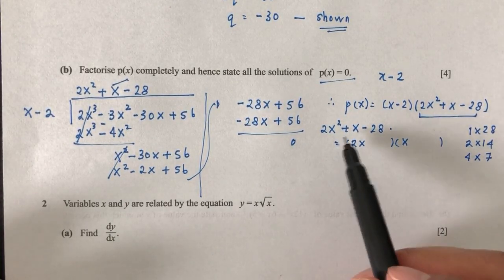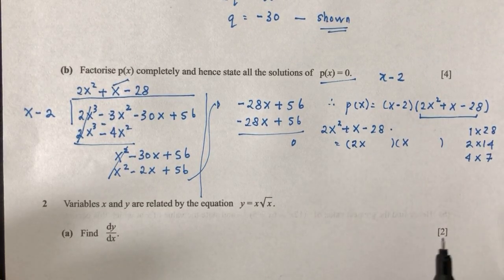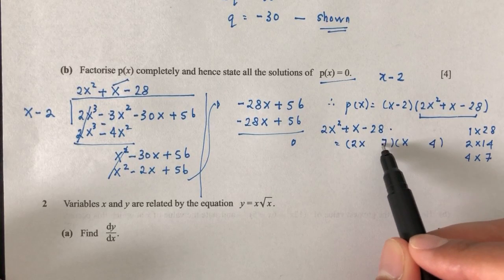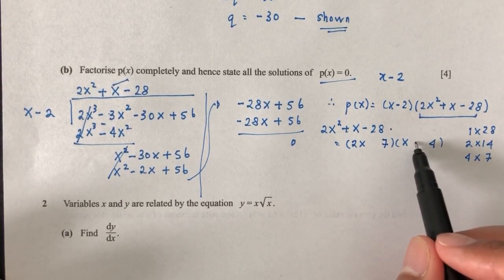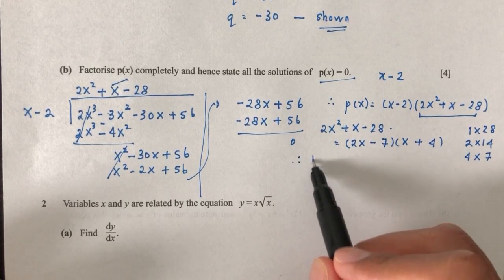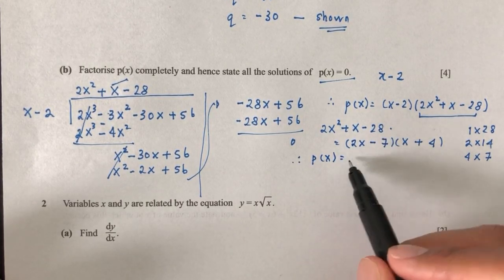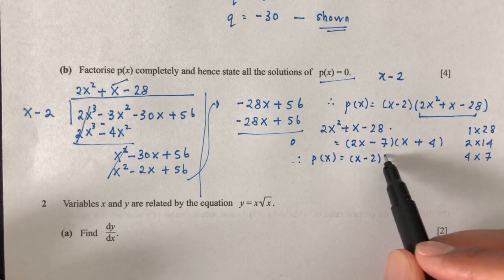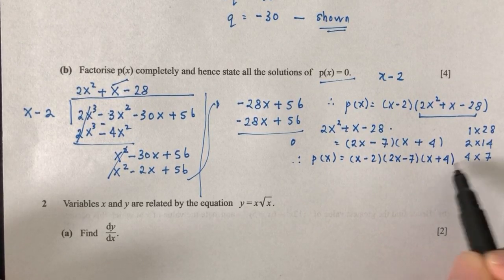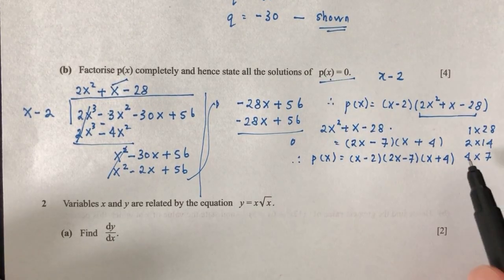So how can we get plus 1? We have to use this one: 4 here and 7 here. You will need plus 8 minus 7 for it to be plus 1. So now we have p of x equal to x minus 2, 2x minus 7, and x plus 4. Equate this to 0 and solve.